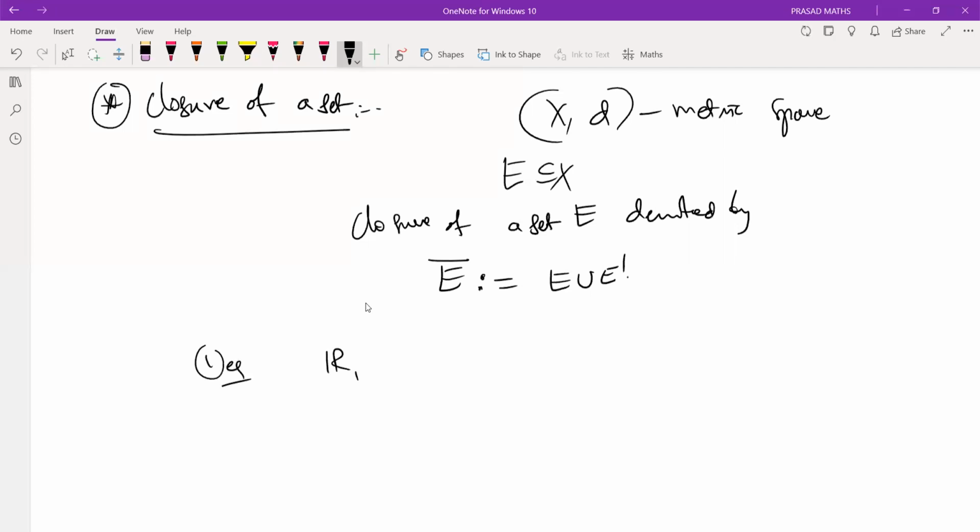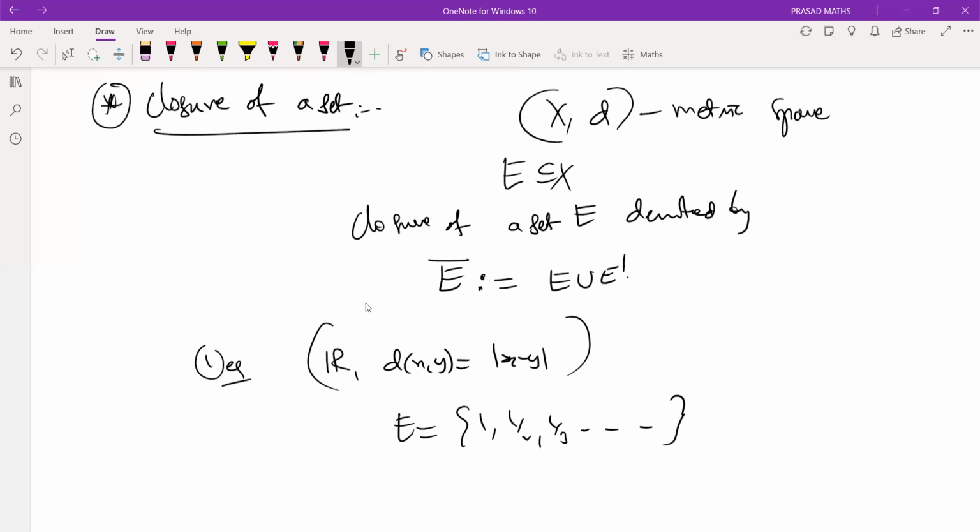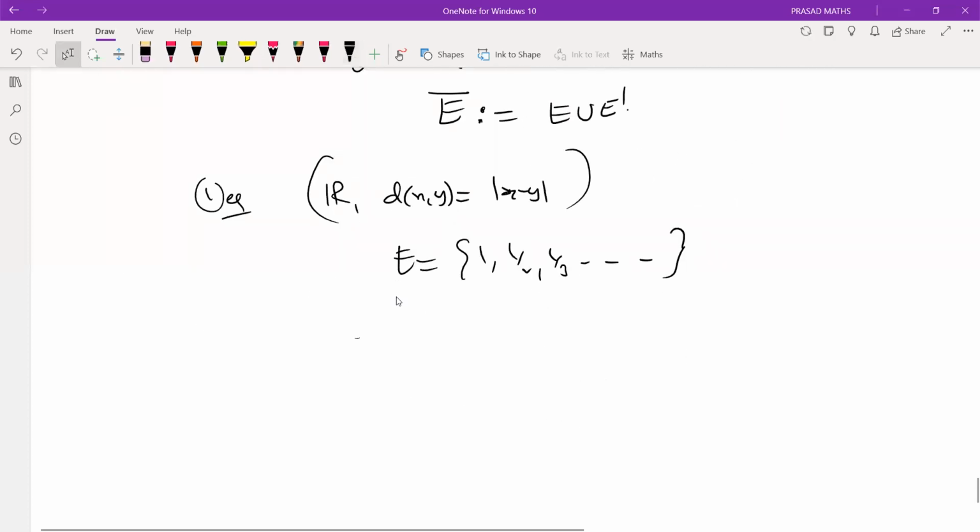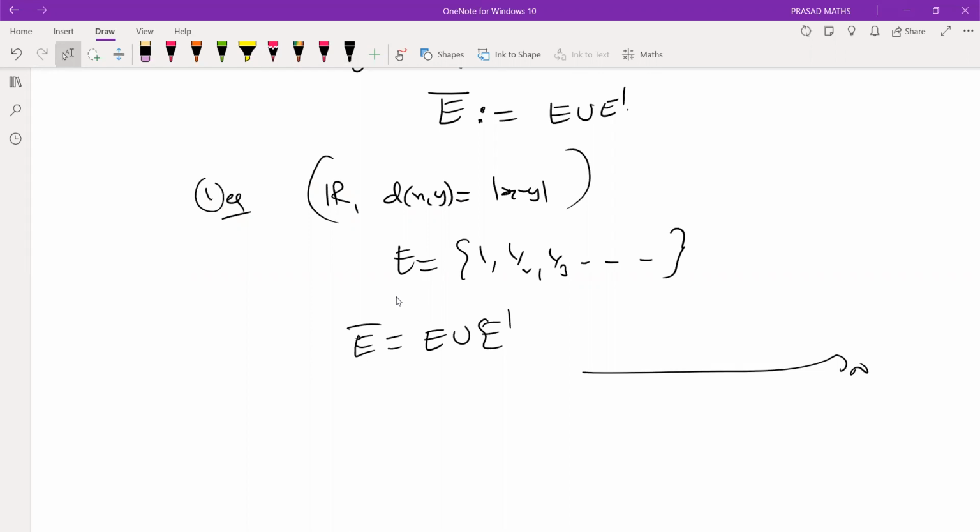Example, suppose you take R with respect to the usual metric. Suppose you take the set {1, 1/2, 1/3, ...}. What is the closure? Closure is nothing but E union its derived set. First, find the derived set. This is 1, this is 1/2, this is 1/3, this is 0. Is 1 a limit point?